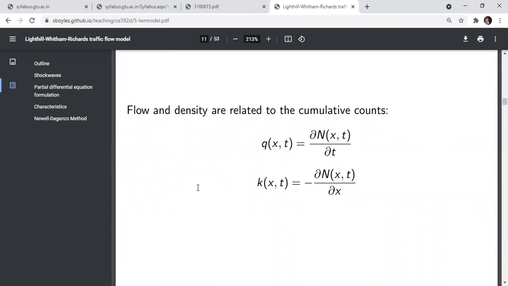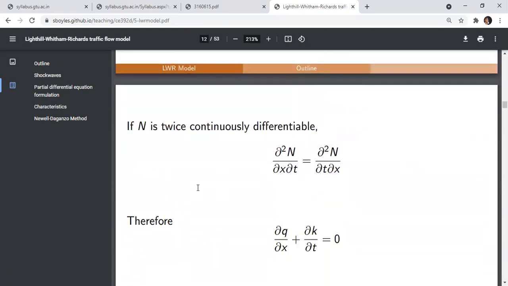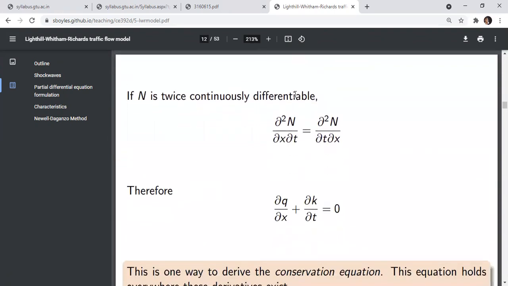Flow and density are related to the cumulative count. Q(x,t) is equal to delta n(x,t) upon delta t, and k(x,t) is equal to minus delta n(x,t) upon delta x. If n is twice continuously differentiable, delta square n upon dt dx is equal to delta square n upon dx dt.